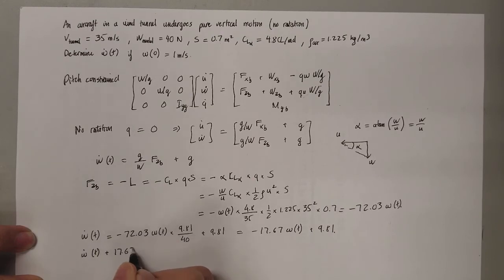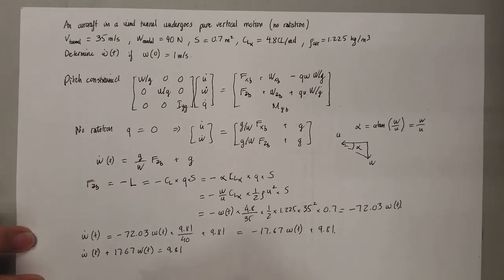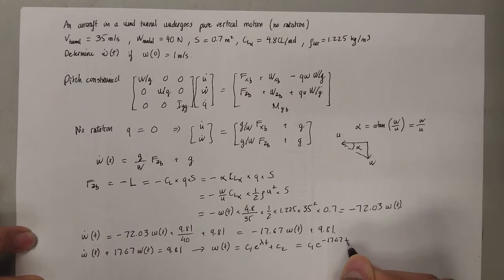And if you realize, this is just a first order linear differential equation. This equation is going to have a general solution of W(t) equal to C1 e to the gamma t plus C2, and if you solve for this equation, it's going to be C1 times e to the negative 17.67 t, plus 0.56.